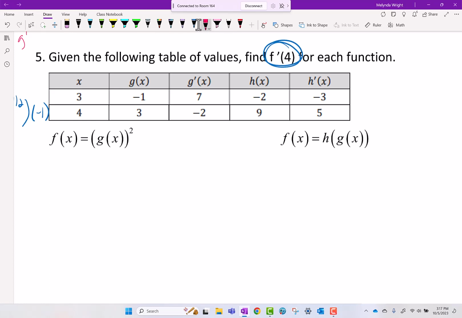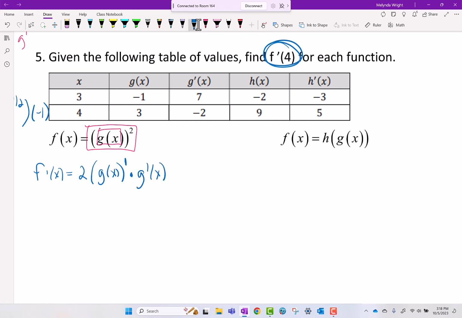I'm going to do little boxes. So I've got this outside function, and I've got the inside. So that's 2 layers, right? So f prime of x is, I bring the 2 down, I copy and paste. 2 minus 1 is 1, which we know we don't have to write, times the derivative of the inside, g prime of x.